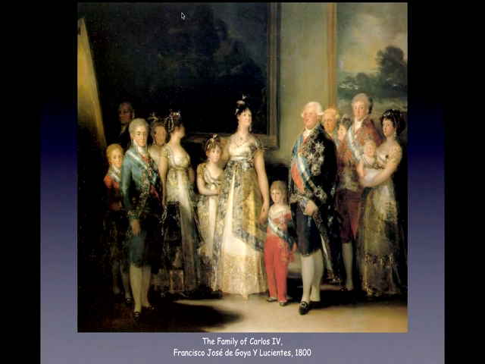Now, keep in mind, at the time that Goya painted this work, he was earning an enormous tax-free salary, and the painting, in turn, has been described as mocking the people who are paying him this salary. He couldn't afford to antagonize the King of Spain, but he was painting based on his, again, realistic eye.